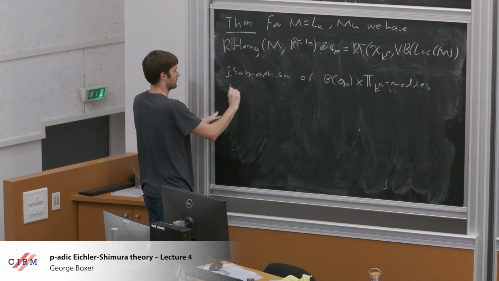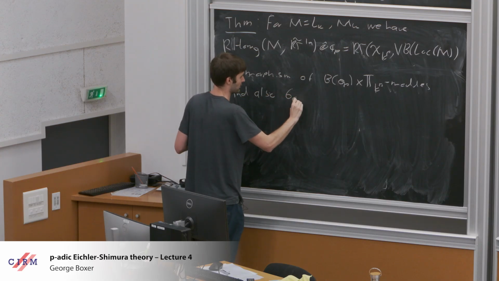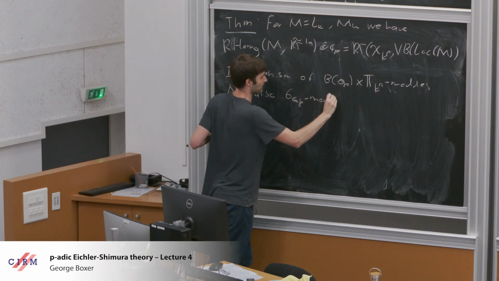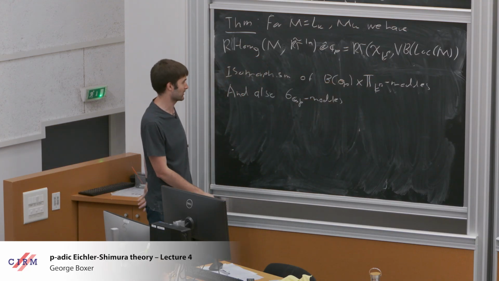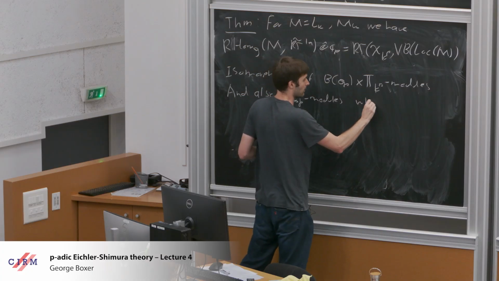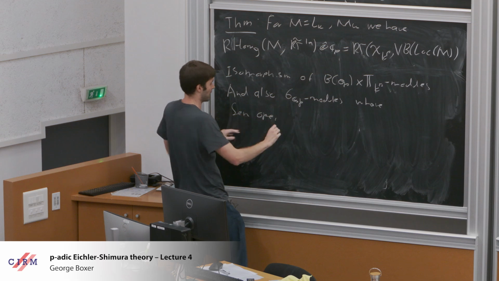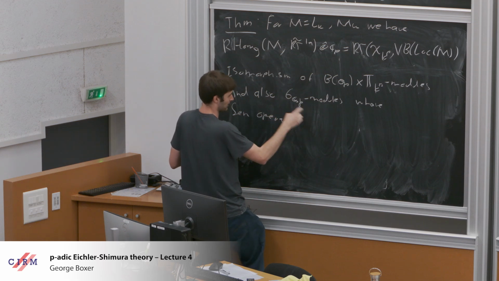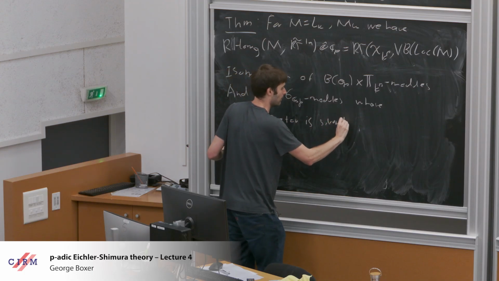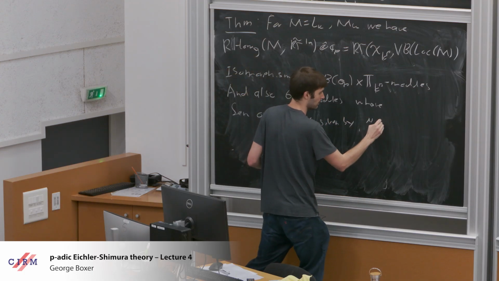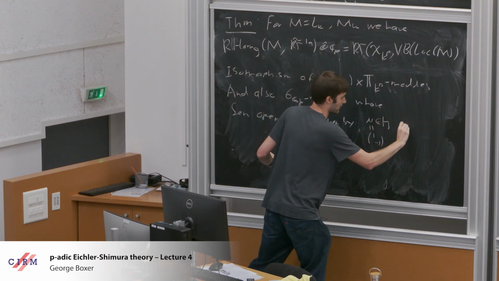And also, well, let me just say G_Qp modules, but I have to explain how does Galois act on this side, and that's where this horizontal Cartan comes from. So where the Sen operator, so this is some kind of huge C_p vector space, so you can imagine with a G_Qp action, you can imagine it has a Sen operator and is given by this mu inside H, where mu is the Hodge cocharacter, via the horizontal action.